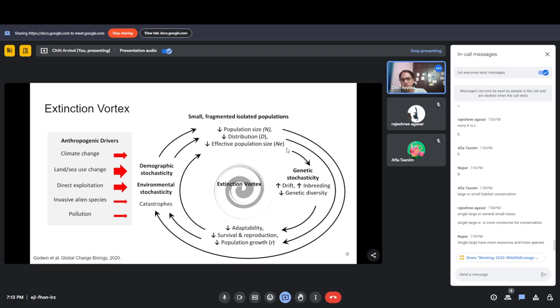Conservation genetics is a whole important field in the conservation of any organism. And why is it so important? Why do we need to know the genetic makeup of any species that we are trying to conserve?